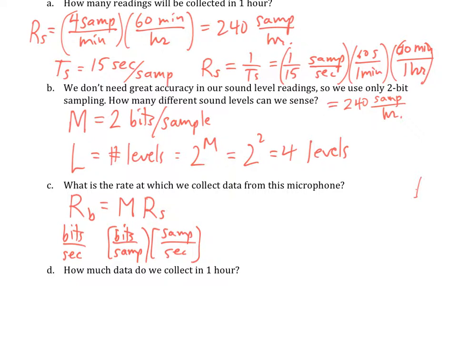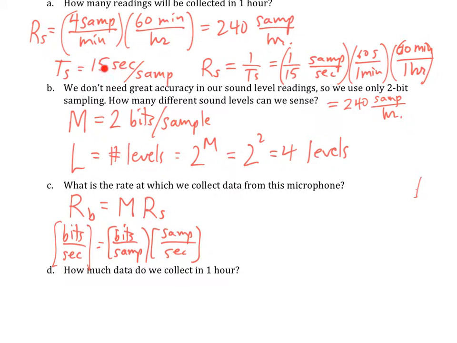Let's go ahead and do this. Normally we write this equation as bits per second and samples per second. But I don't have samples per second, I have samples per hour. Oh, you know what I have up here? 1/15 of a sample per second, right?